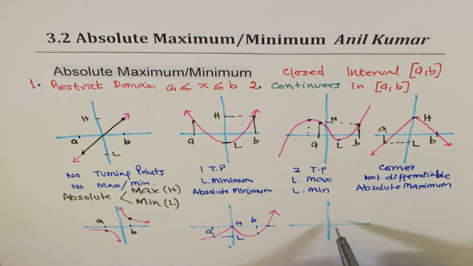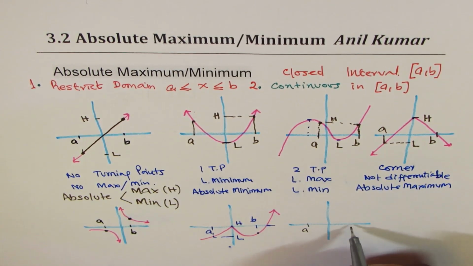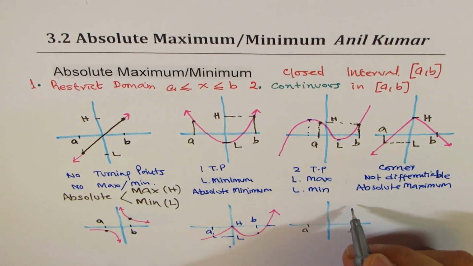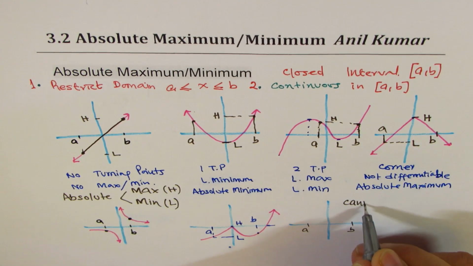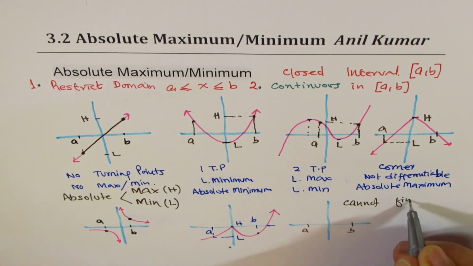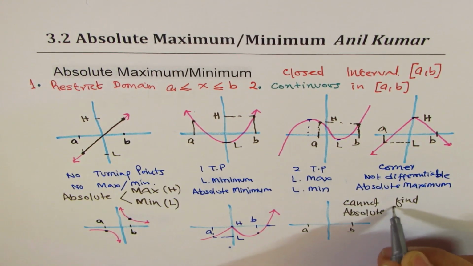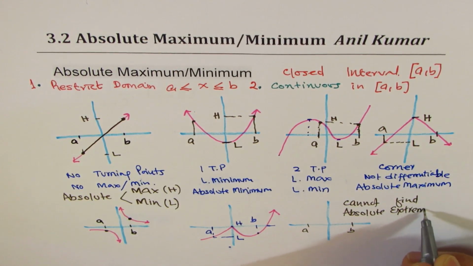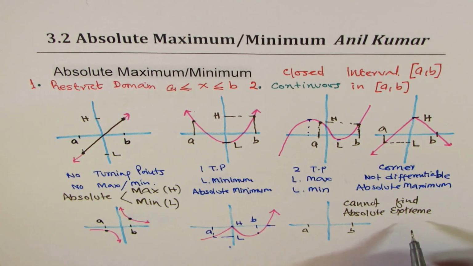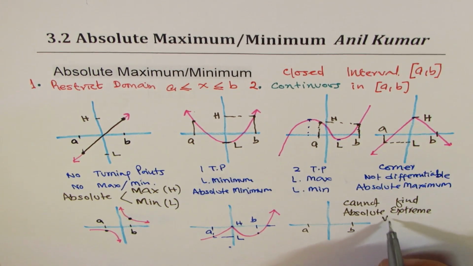Now here you can sketch another graph where, let me give that as an exercise, that within this interval A and B, we cannot find absolute extreme values. When we say extreme, we include both maximum and minimum. Is it okay?